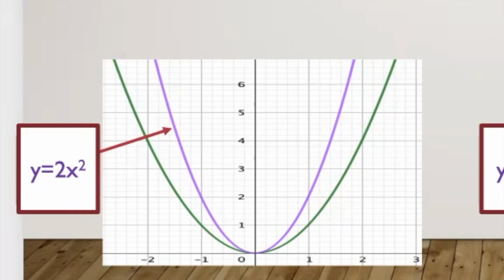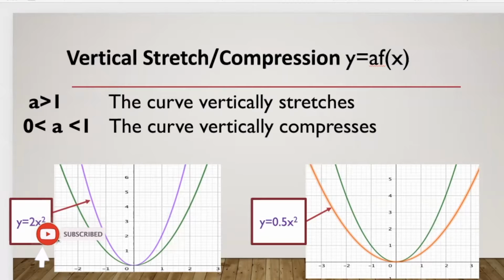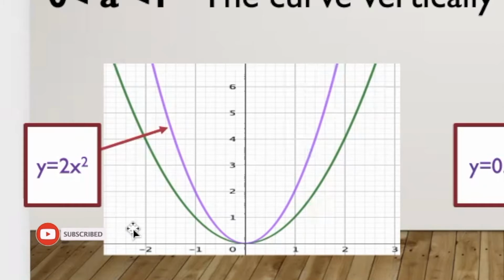Since 2 is greater than 1, I am expecting a vertical stretch. The vertical stretch occurs when the graph is multiplied by a number greater than 1. In this case, it is 2. This results in the graph being pulled, but retaining the input values, meaning retaining the x values. So the x values remain the same, but the y value changes and the values are increased.